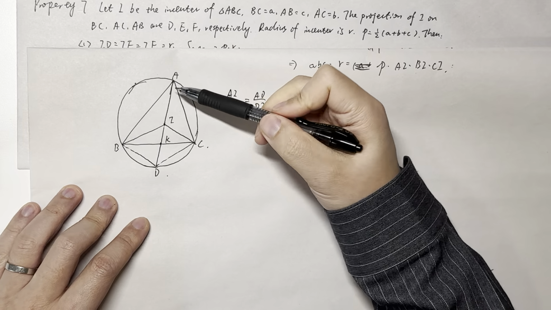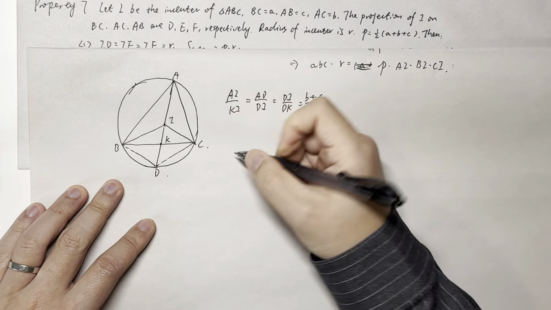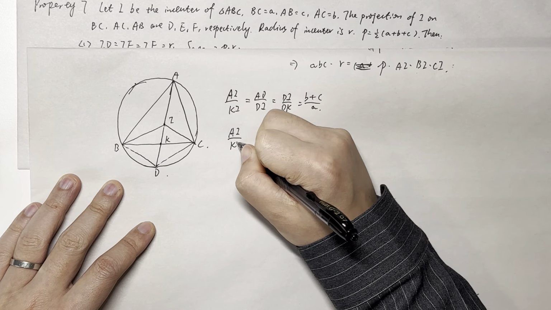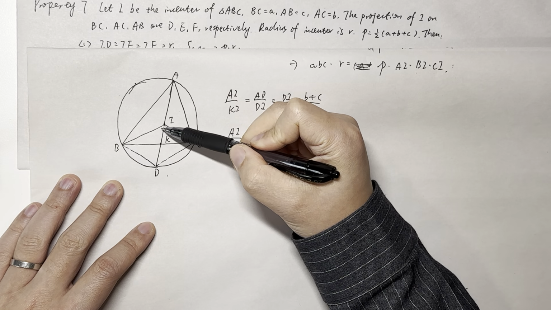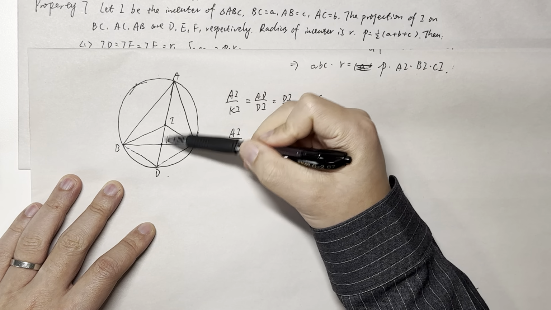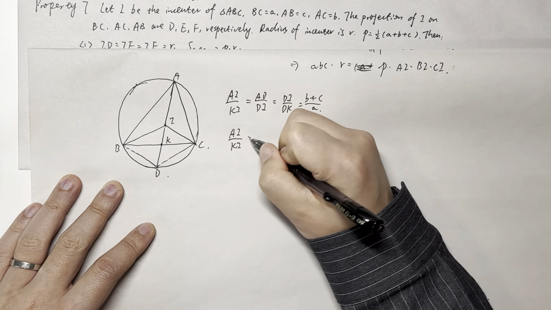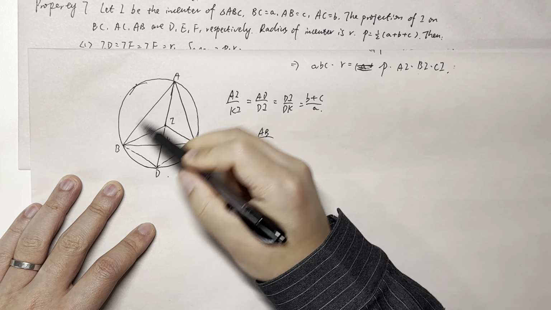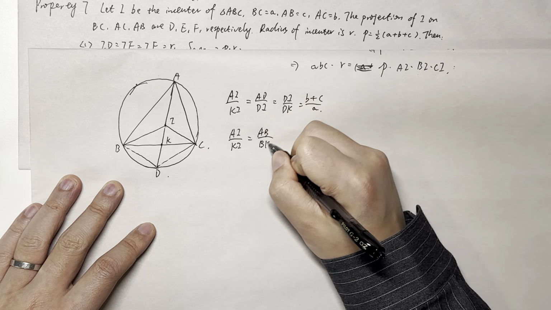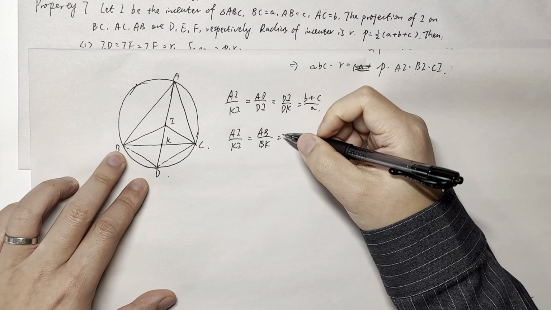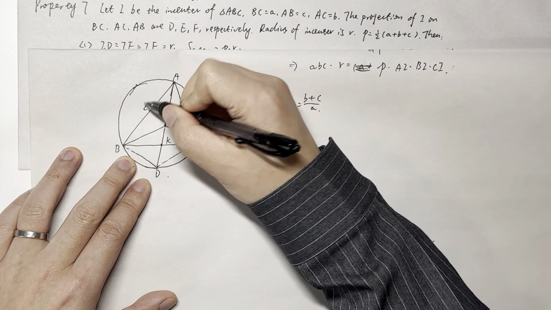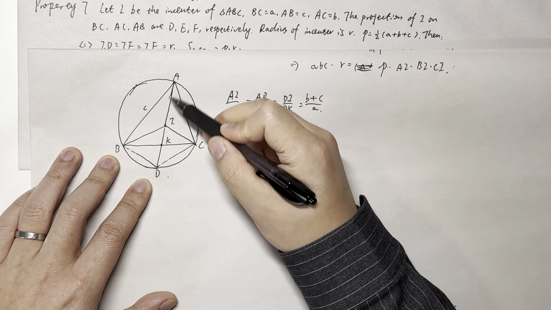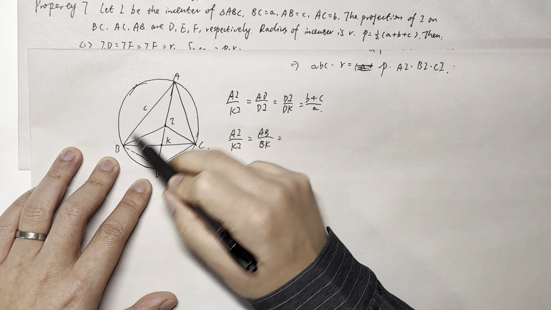So the first thing is AI to KI, right? Because BI is an angle bisector, AI to KI equals AB to BK. So this is C, and we already know that AK is the angle bisector of angle BAC.